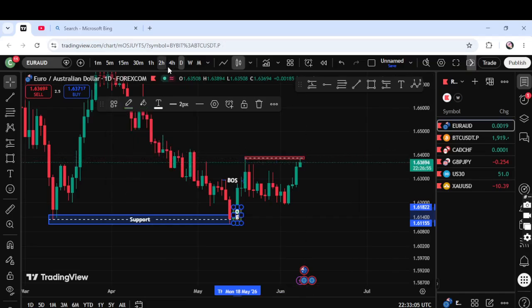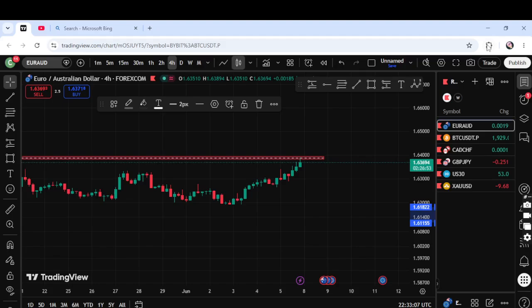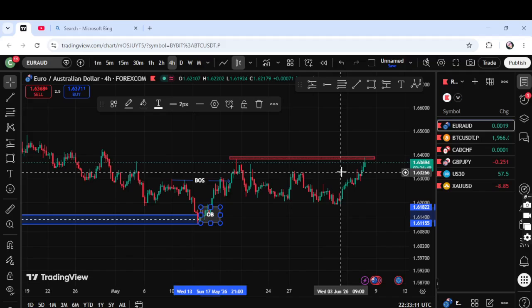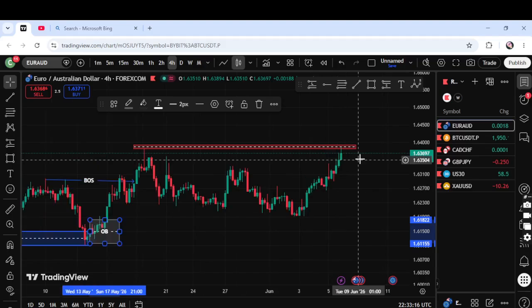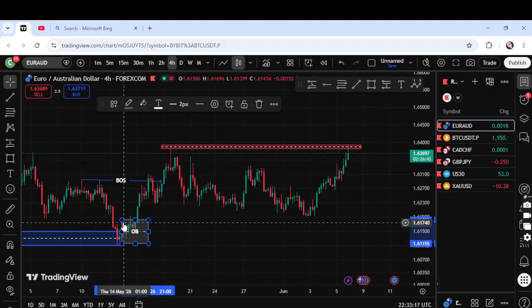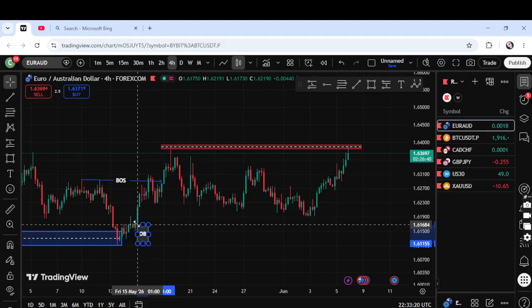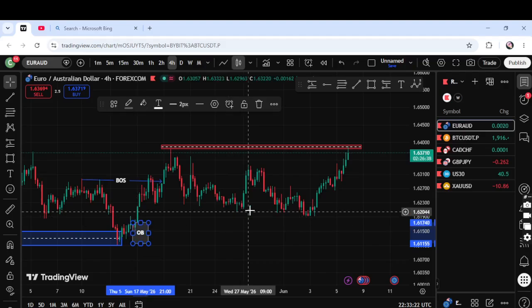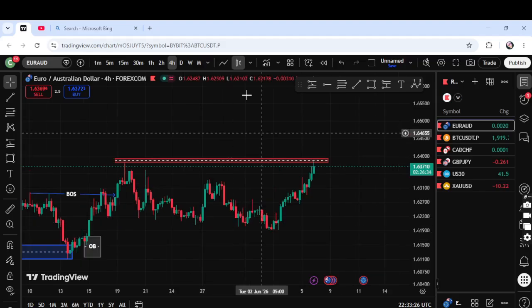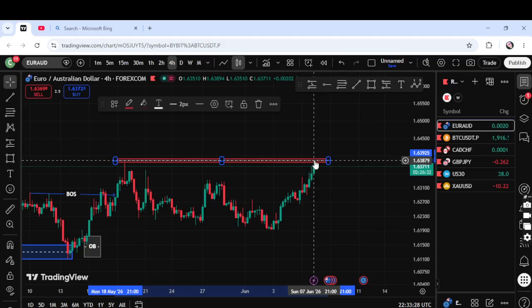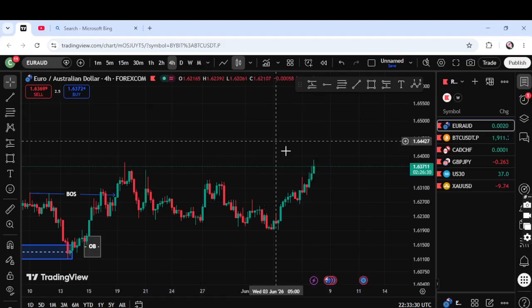So move down to the 4 hours. It's reaching a major resistance.